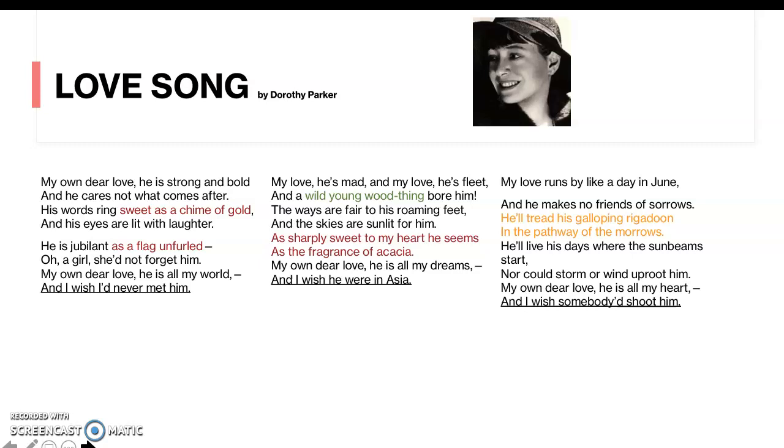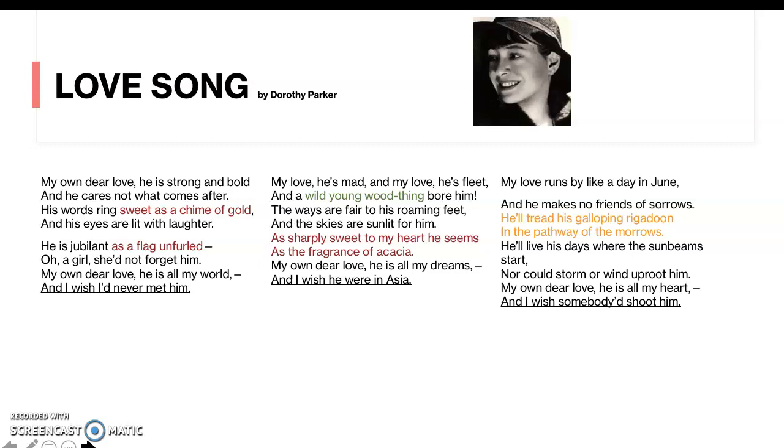My own dear love, he is strong and bold, and he cares not what comes after. His words ring sweet as a chime of gold, and his eyes are lit with laughter. He's jubilant as a flag unfurled. Oh, a girl, she'd not forget him. My own dear love, he is all my world, and I wish I'd never met him. My love, he's mad, and my love, he's fleet, and a wild young wood thing bore him. The ways are fair to his roaming feet, and the skies are sunlit for him.